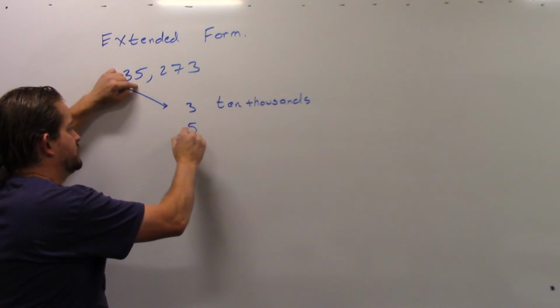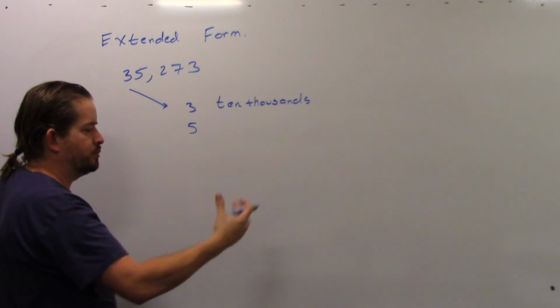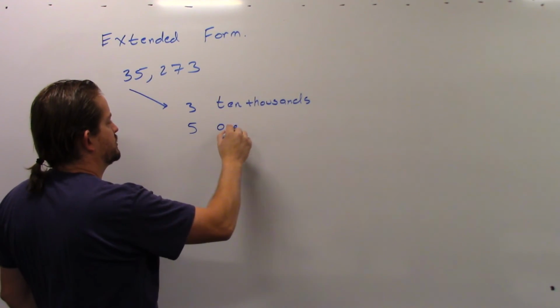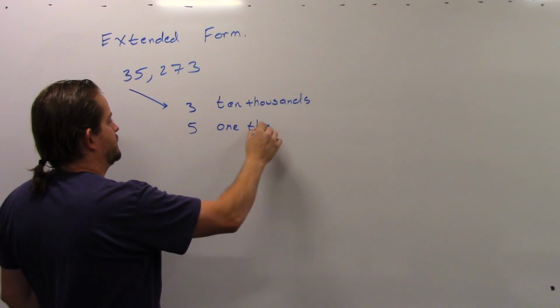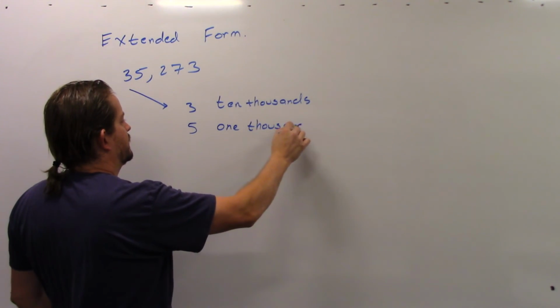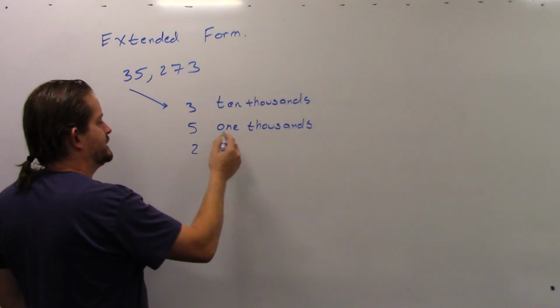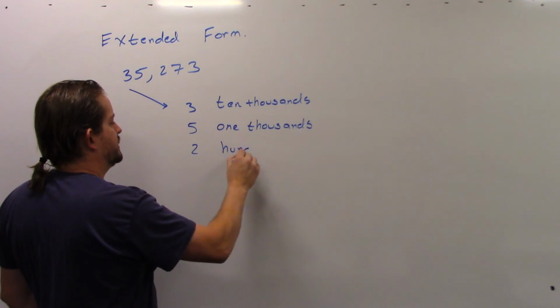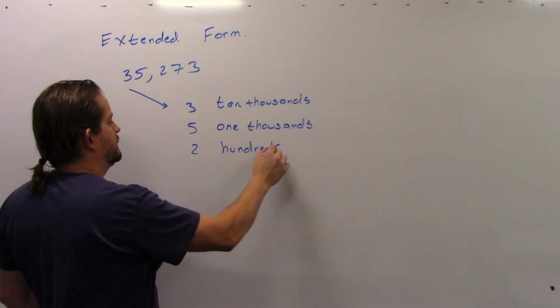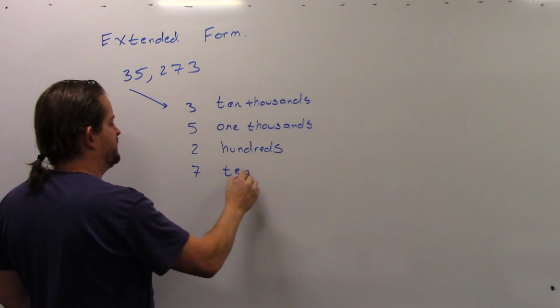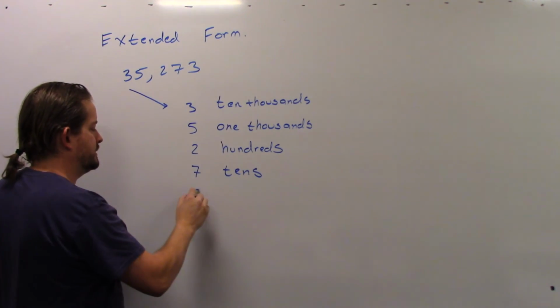So I'll write that as just 5, and then its entire place value name, which is just the 1,000s place. And I keep going through 2, this is in the hundreds place, so I'll just write 2 hundreds. And I have 7 in the tens, so I have 7 tens. And then 3 in the ones.